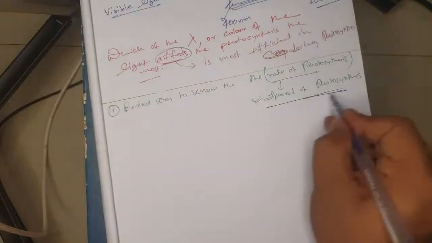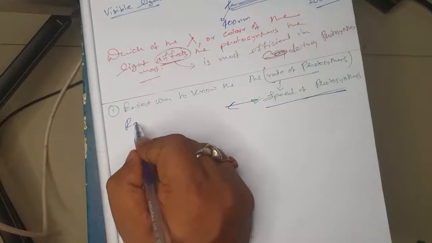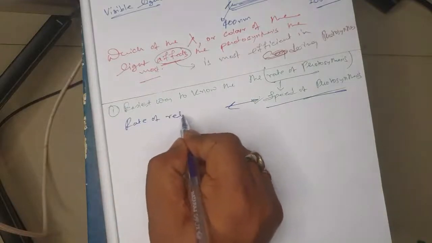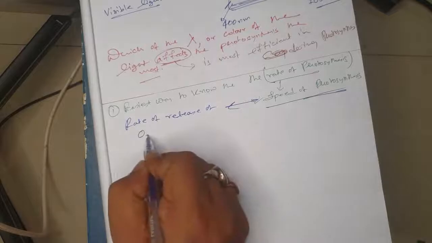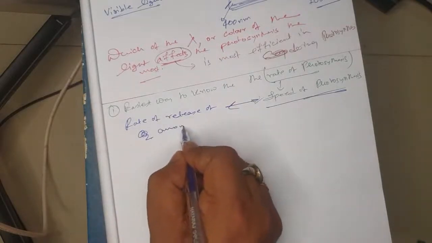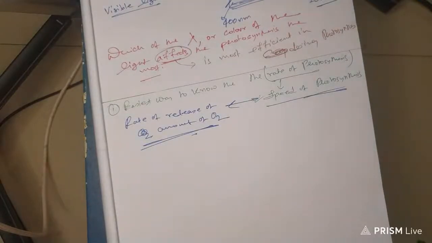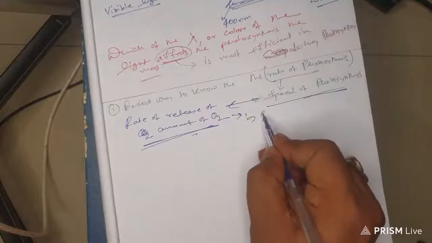And the speed of photosynthesis can be determined by the rate of release of O2, or the amount of O2 released. This you keep in mind. Oxygen is a byproduct of photosynthesis, right?